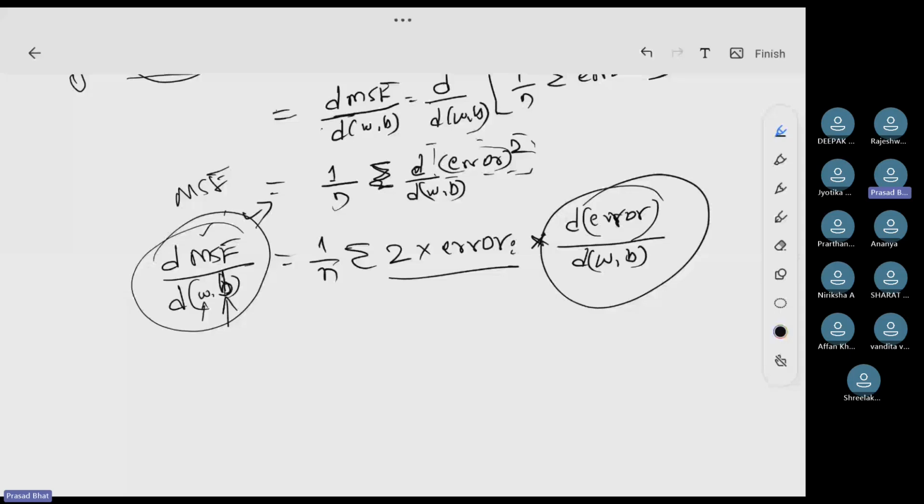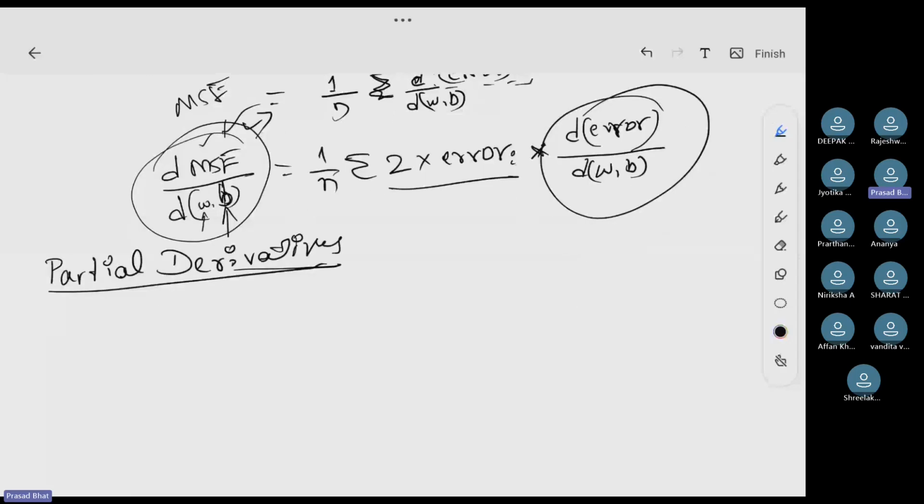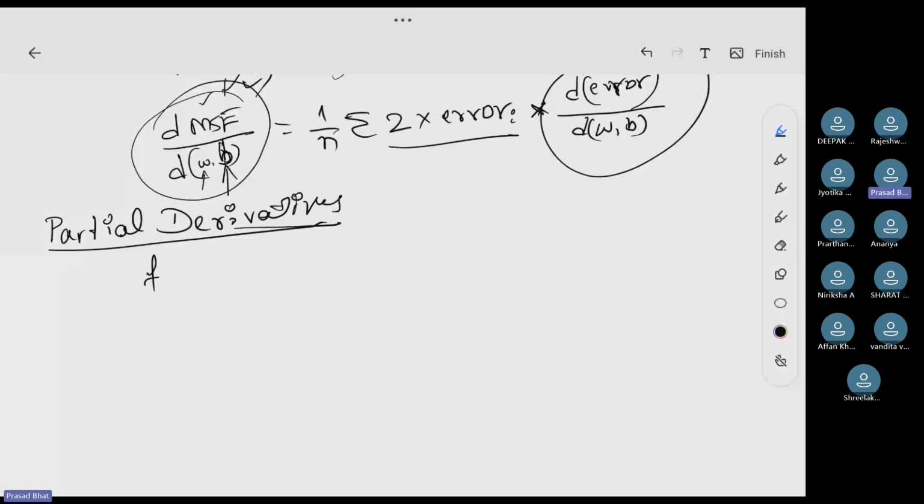Fine. So for that, we will have to take partial derivatives. If I have a function of two variables x comma y, and I want to find out the effect of change in x on f, then what should I do? Keep y as constant.